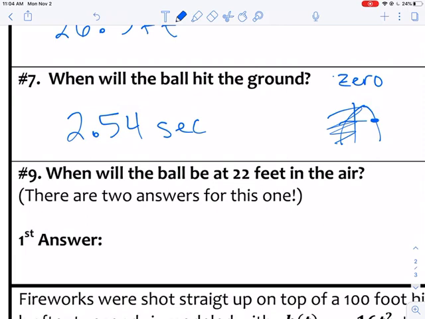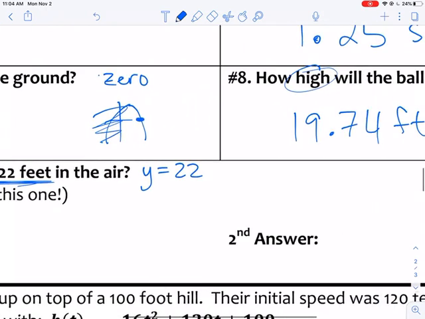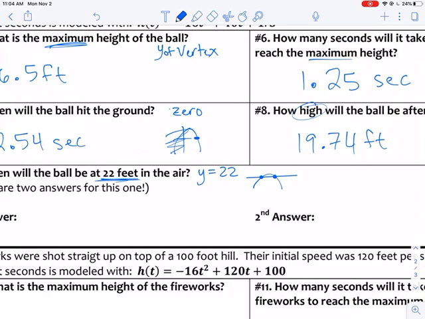Number 9, you have to add a second equation. When will the ball be 22 feet high? So at 22 feet high, that's our height, you have to go into your y equals and do y equals 22. So you're going to get your parabola, and then you're going to get a horizontal line, and you're looking for these 2 points.